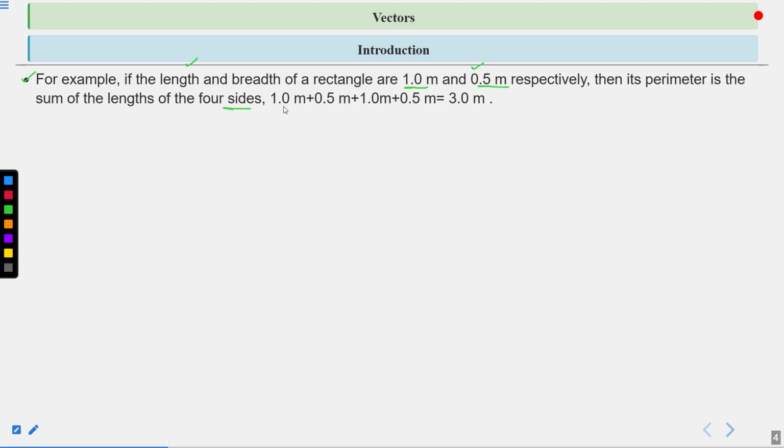So we easily add 1 plus 0.5 plus 1 plus 0.5. It gives the perimeter of the rectangle, that is 3.0 meter. Here the magnitude is 3 and the unit is meter.